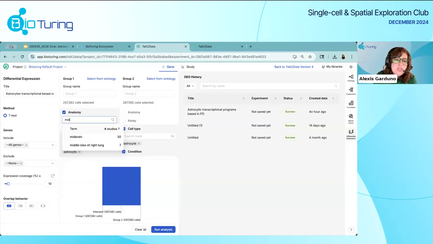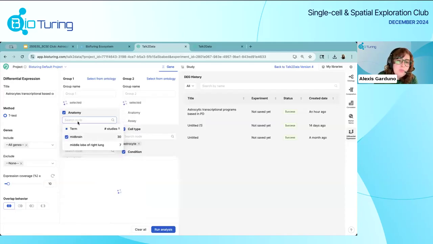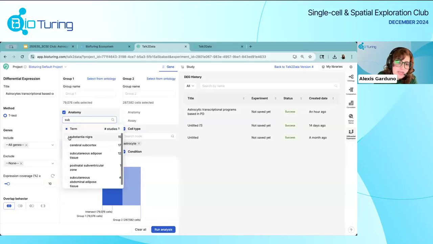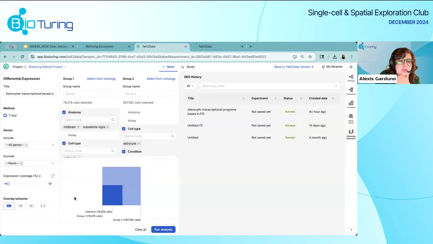So in this case, we can add midbrain in group 1 and also look at substantia nigra if we want that closer look or granularity. So this first group will be the midbrain region where it had a high SNCA environment. We can add that in the title.